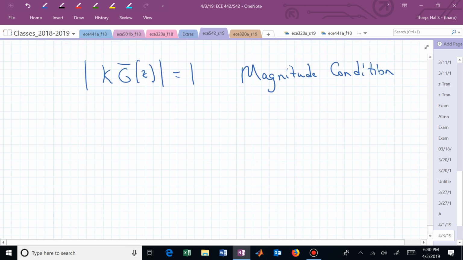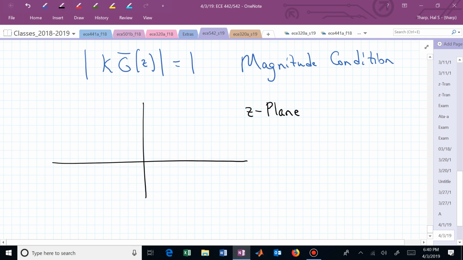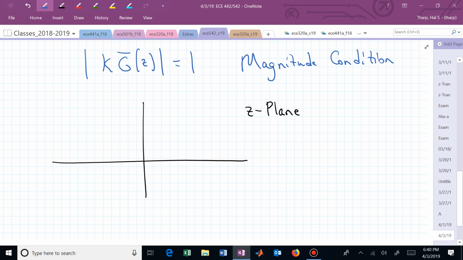Now let me give you a quiz again. Let's say here we are in the z-plane, and I'm just going to arbitrarily locate some poles and zeros. Suppose that I have a couple of poles here, and they have to appear as conjugates. Let's say I have a real pole here, and let's say that I have a 0 there, and I want to know what's the phase of this constellation of poles and zeros at that location.